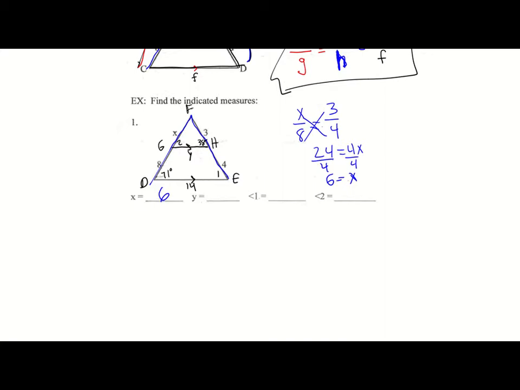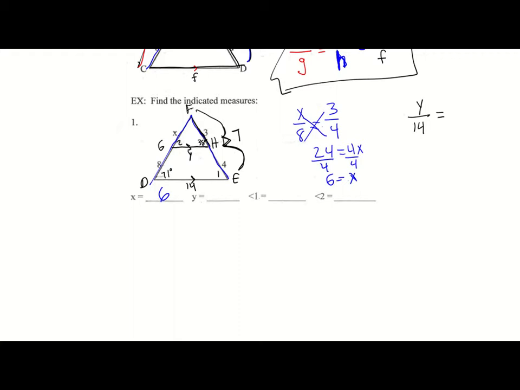Okay, then to find Y, we can set up a proportional statement with our sides. The base of our small triangle is Y, and that's going to be proportional to the base of our large triangle. And that ratio is going to equal, we have to pick two more sides to compare. If we add up 4 and 3, we get this whole side is 7.